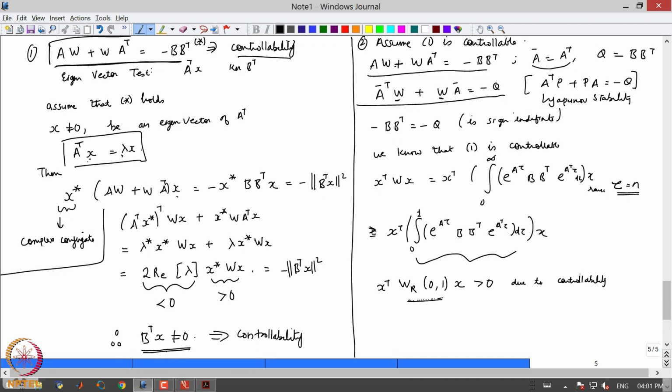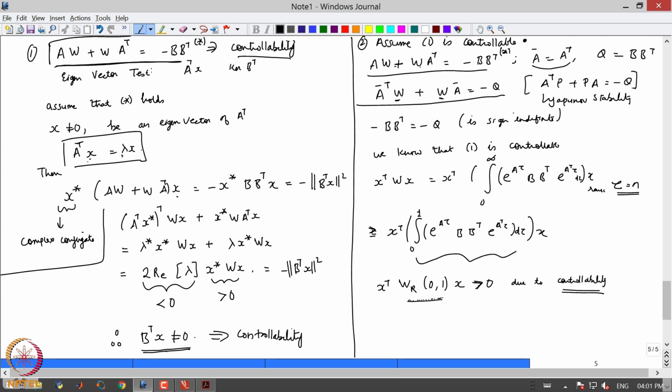This means that this W is positive definite. What did we use to show the positive definiteness? That it follows from the controllability. Let us do a quick recap. We assumed that the system was controllable, and we showed that this equation marked by star had a positive definite solution W.